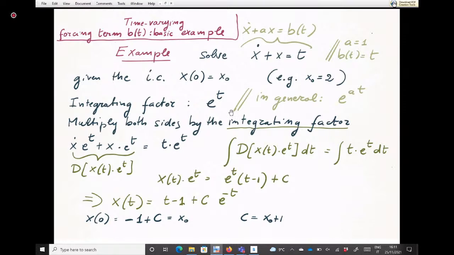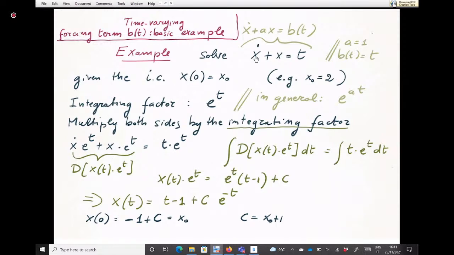In general, it is given by exponential of at, where a is the coefficient that multiplies x here. If it was x dot plus 2x equal to t, the integrating factor would be exponential of 2t. Now it is exponential of t.